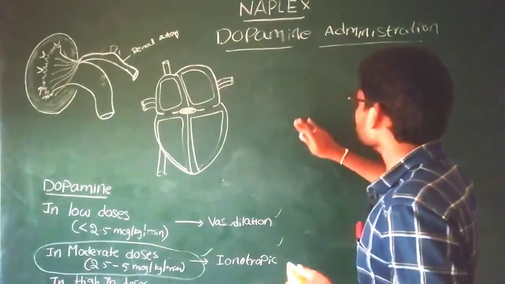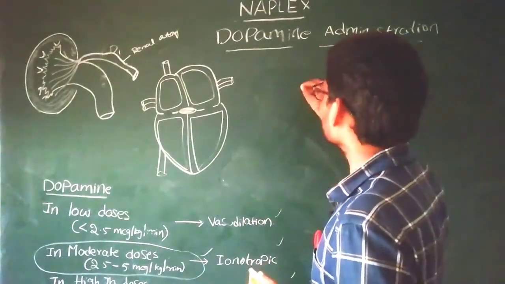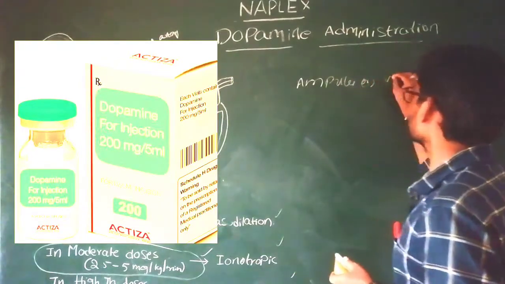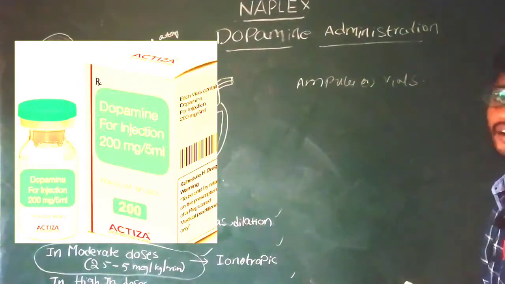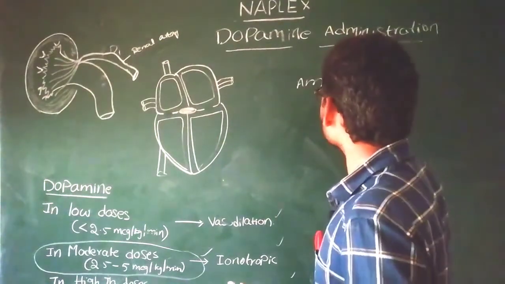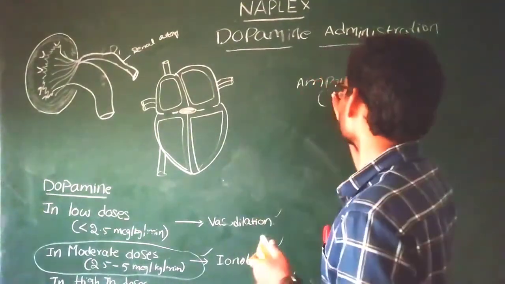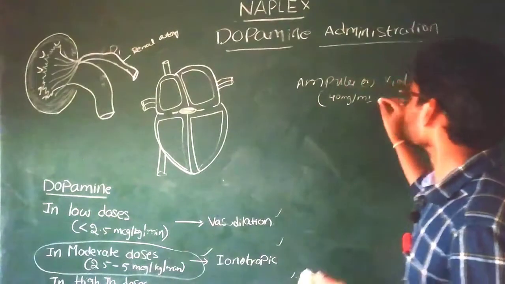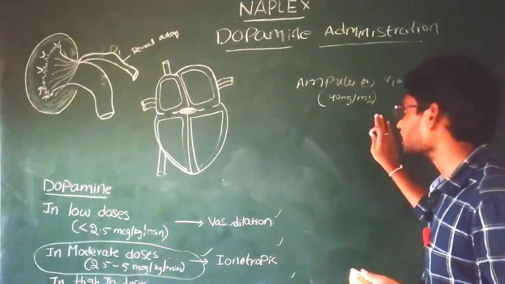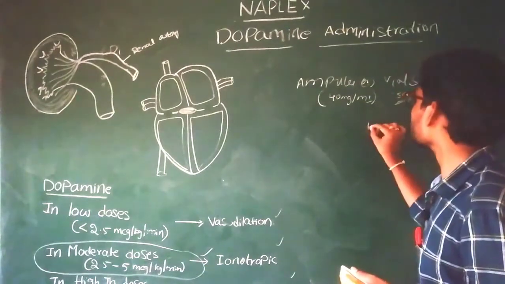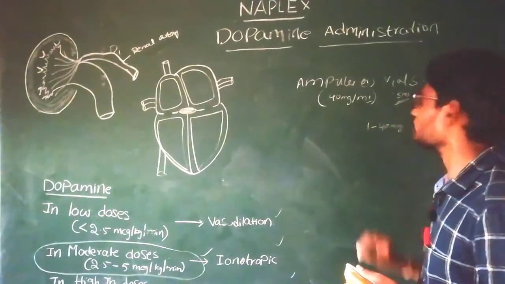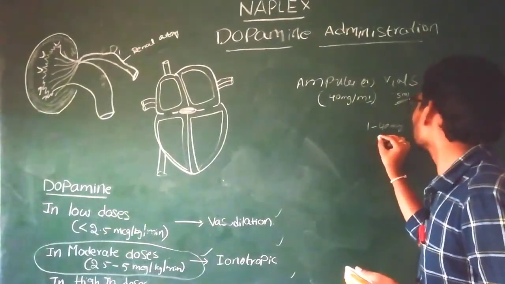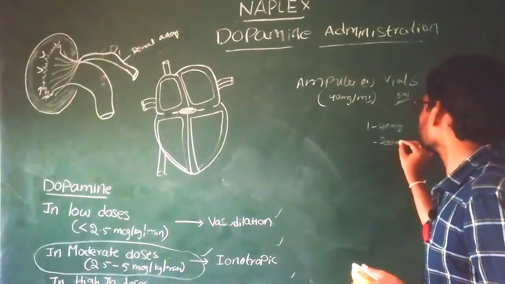In the market, dopamine is available in ampoules or in vials, and the strength available is 40 mg per ml.